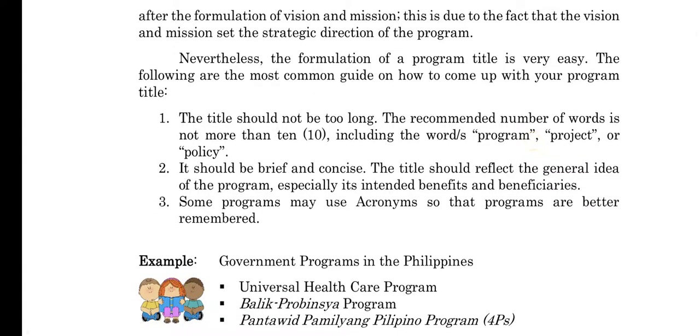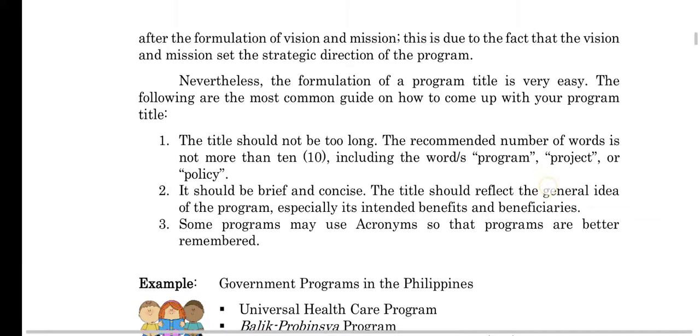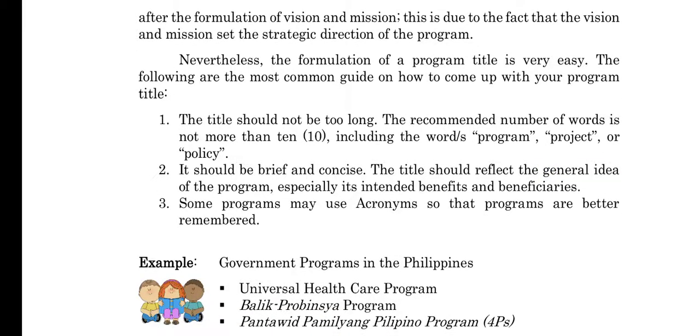There are certain considerations in coming up with a title, but before these considerations, you first have to go back to the problem that you want to address. Number one, the title should not be too long. The recommended number of words is not more than 10, including the words program, project, or policy.